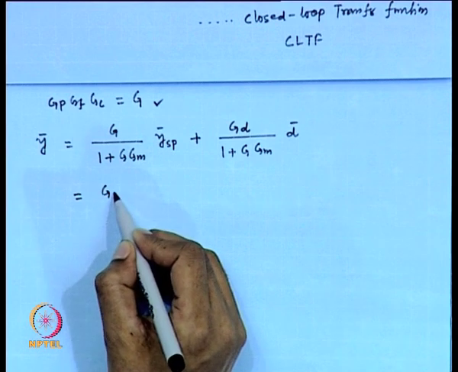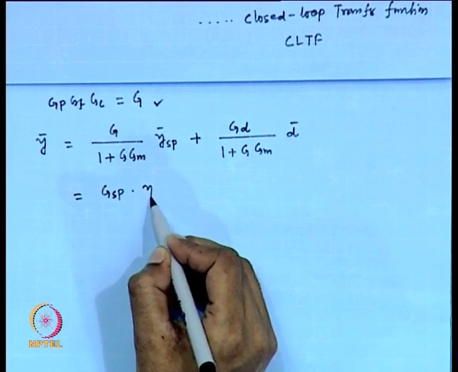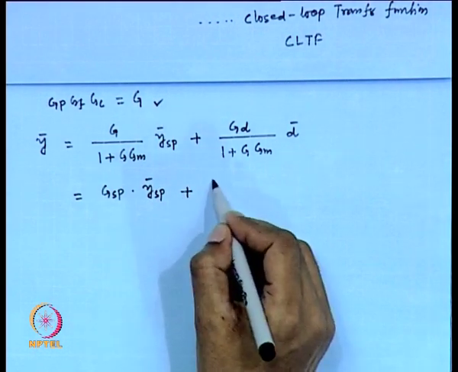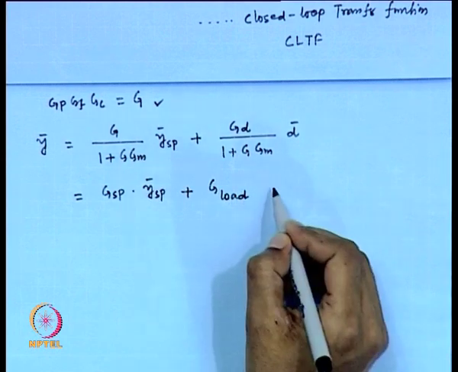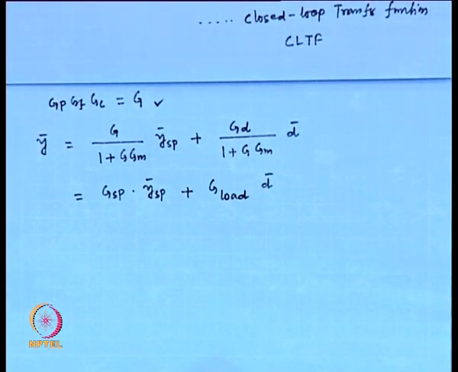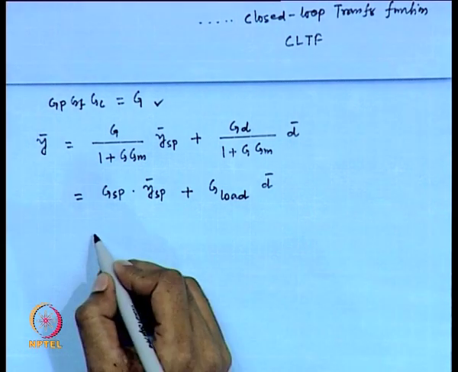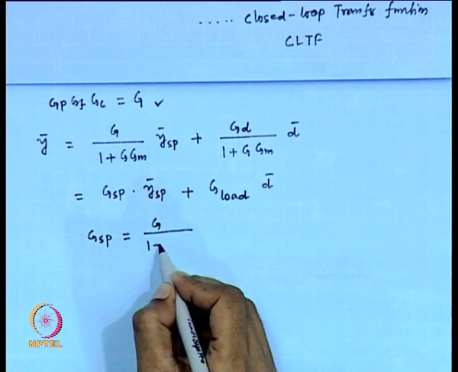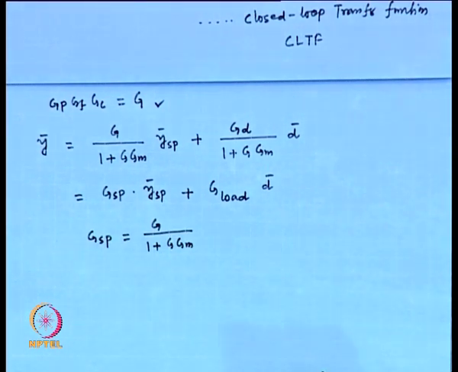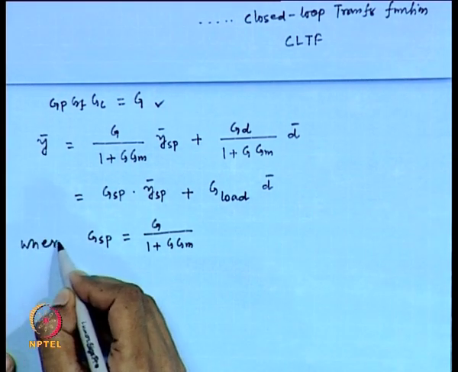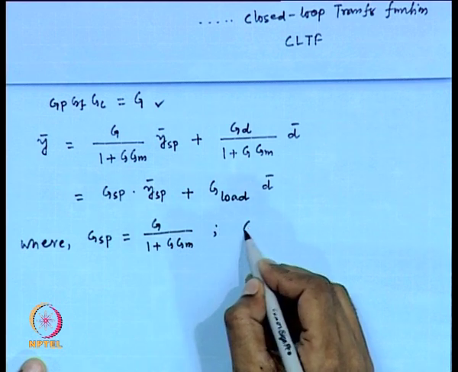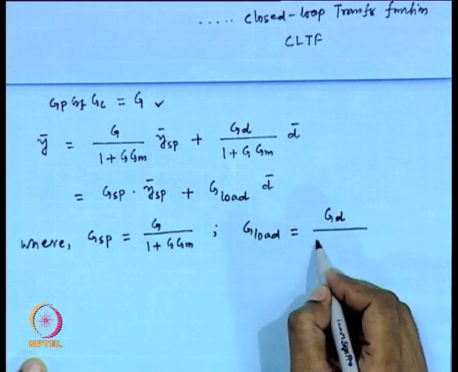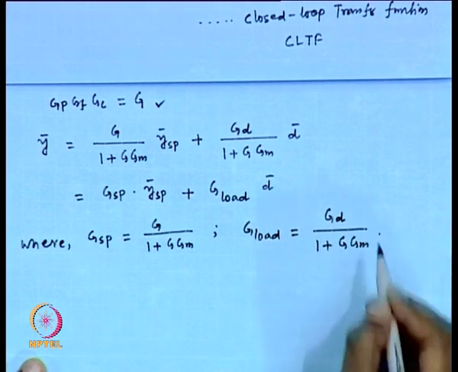Now, again we will consider this as G set point multiplied by y set point bar plus G load multiplied by d bar, where G set point equals G divided by 1 plus G G m, and G load equals Z d divided by 1 plus G G m.